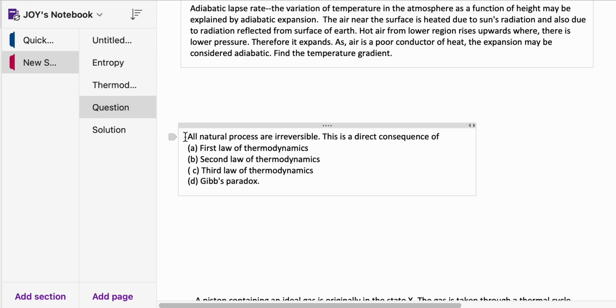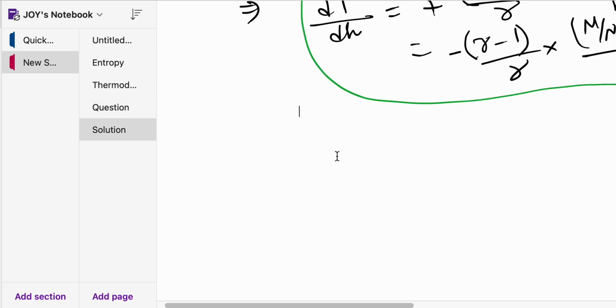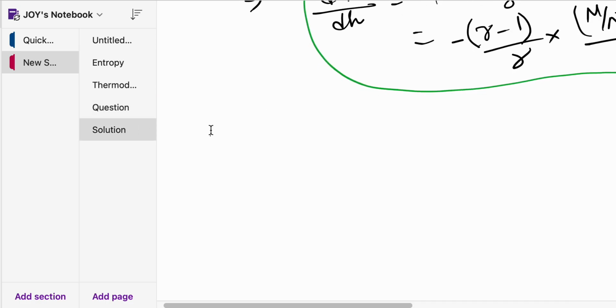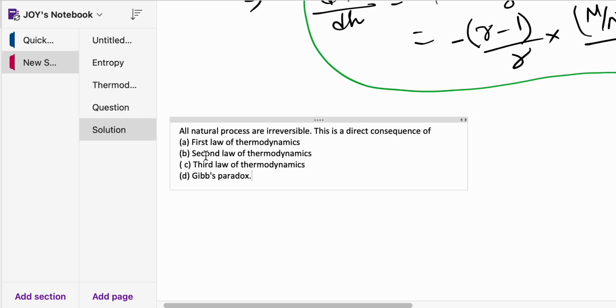Now my third question. This third question is very simple. Here it is asked that all natural processes are irreversible.